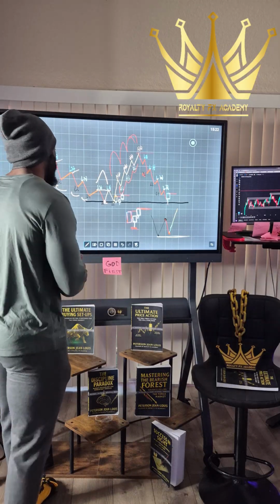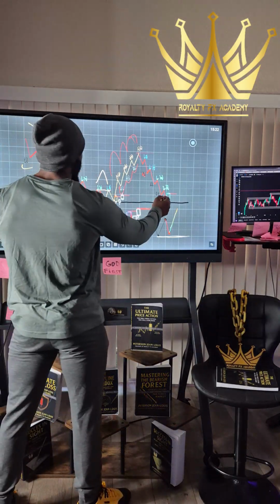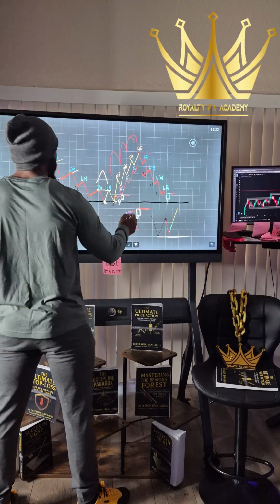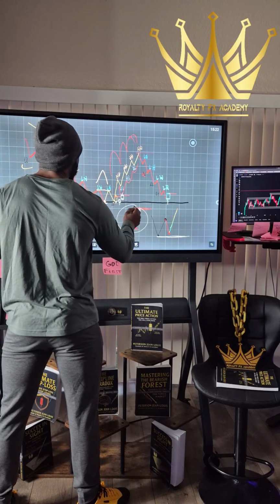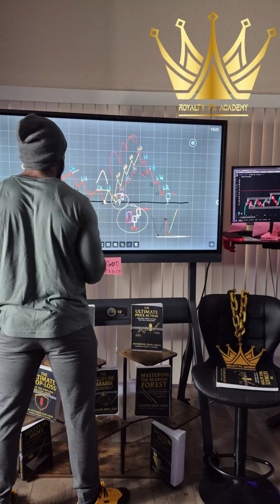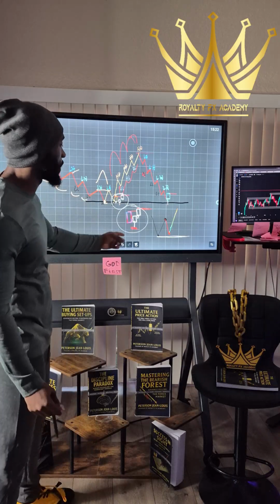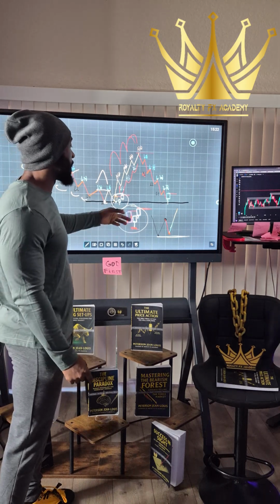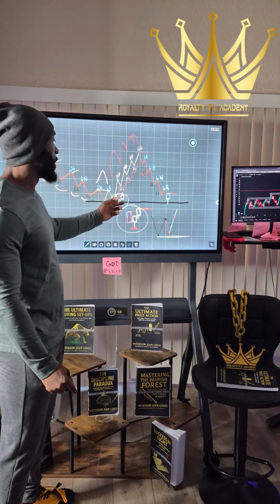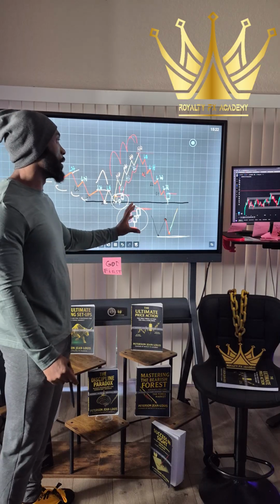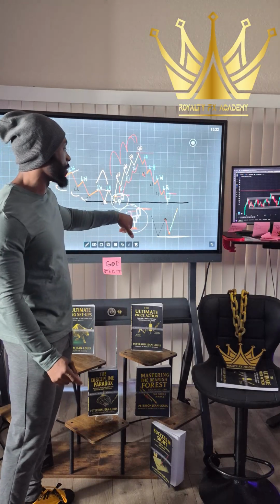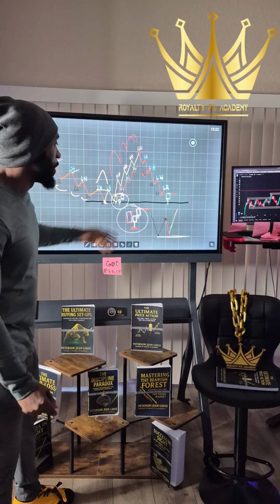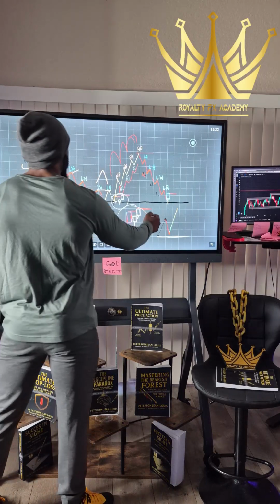Now, with that being said, we're looking for when the market comes to our zone. We are looking for something like this based on what it gave us last time. We're not going to be so fixated on this type of price action, but we do know that last time, before the market bought up, it gave us a bullish candle that had to engulf the previous bearish candle to buy up. So that's something we would look for right here.